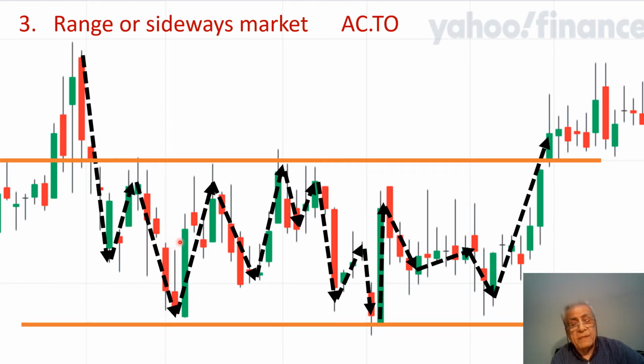So the sideways trend refers to horizontal price movement when the strengths of buyers and sellers in the market are almost equal for some period of time. In this case, the price does not make a new high or a new low. This translates into a range-bound or consolidation period.